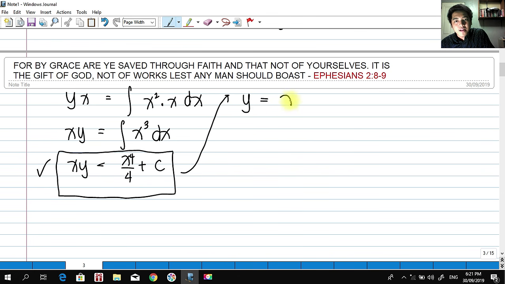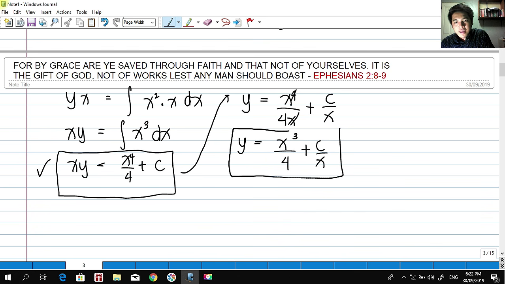So, if you have x raised to 4 over 4x plus c over x, we have y equals x cubed, this should cancel, over 4 plus c over x. So, this can still be our answer.